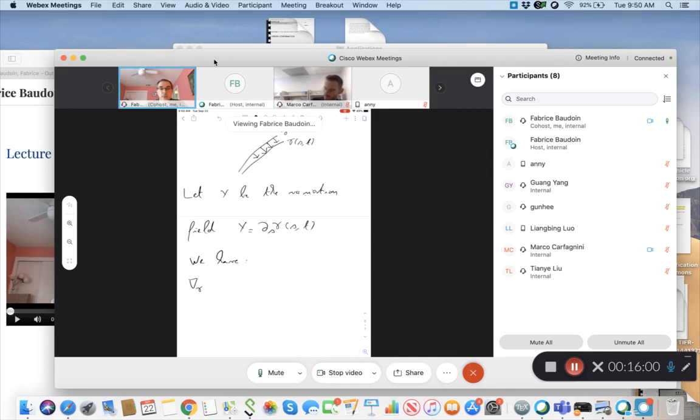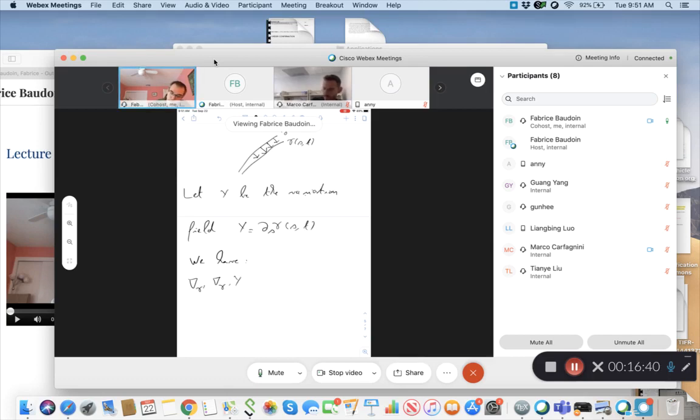That is, all these computations are going to be performed at s equal to 0 at the end of the computation, which is the object I'm trying to perturb. So y is seen as a vector field along gamma. As a consequence of what we did last week, I am able to differentiate y along gamma. This is what we call the covariant derivative of a vector field along a curve. So I'm going to compute two covariant derivatives of y along gamma.